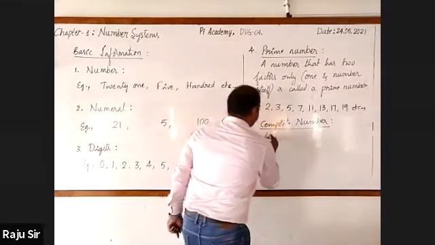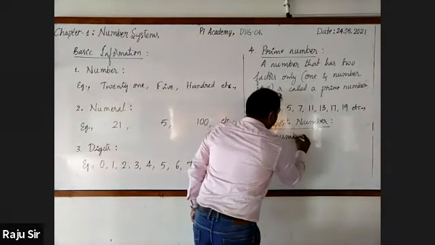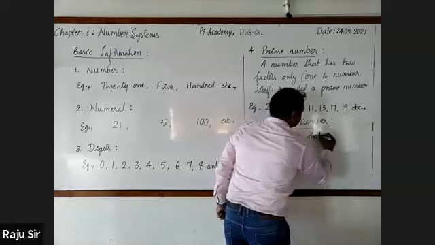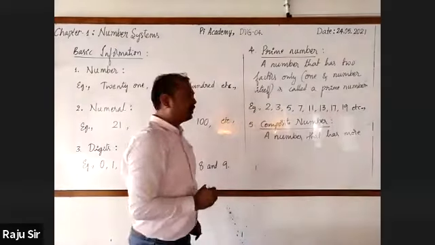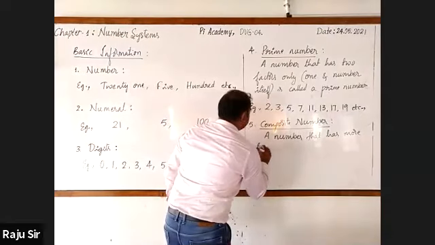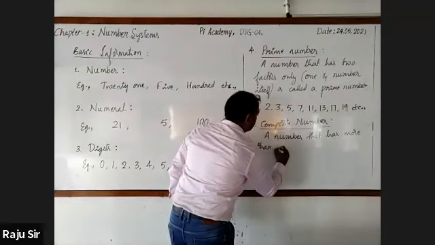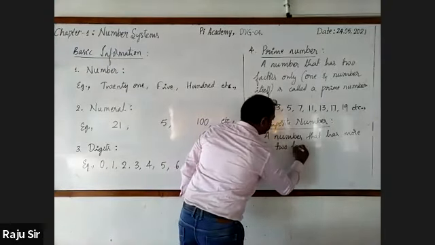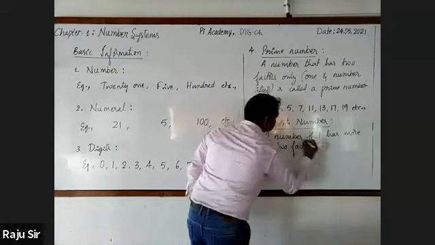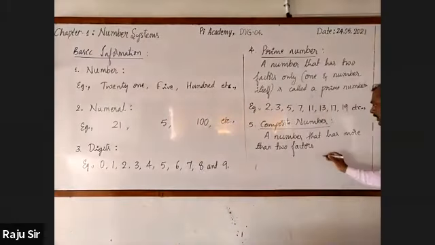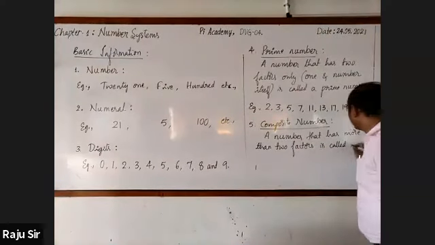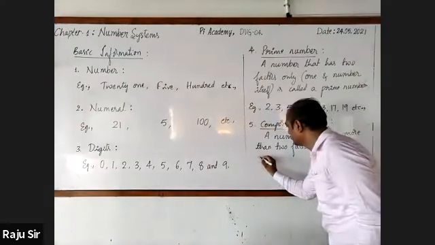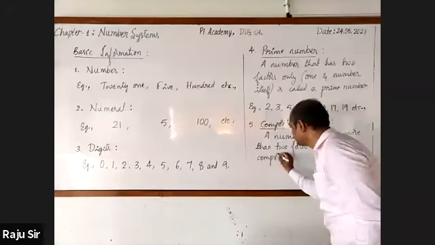A number that has more than 2 factors is called a composite number.